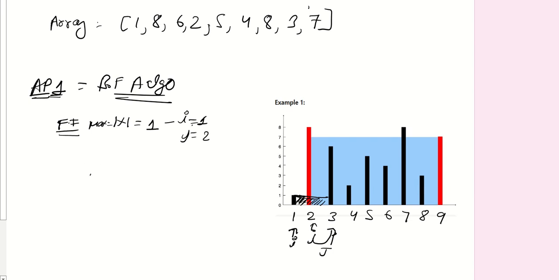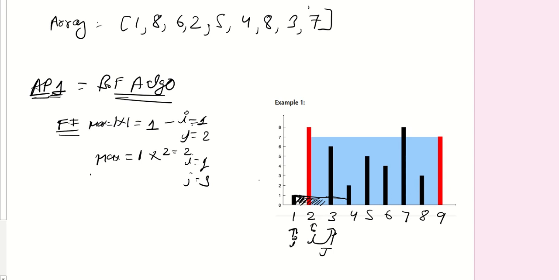Now if i equals 1 and j equals 3, then what we can store will be 1 cross the distance 2, that will be 2. If you notice one thing, if you keep on incrementing the j variable, but the height you can achieve is still that of i only, it's like wasting iterations.